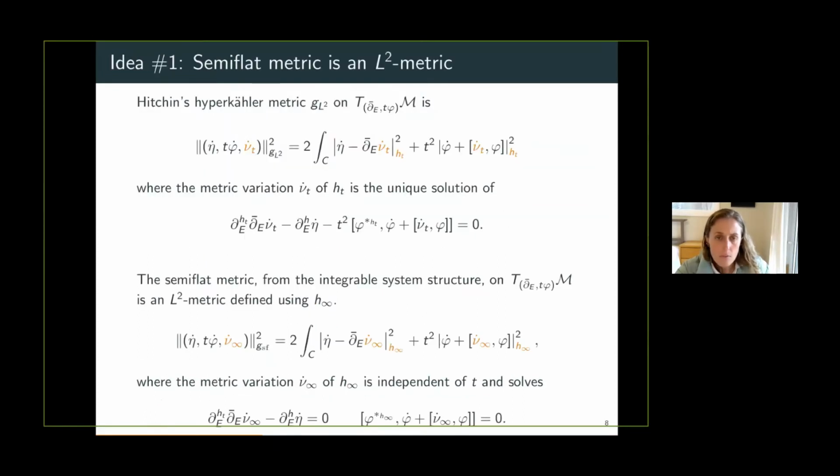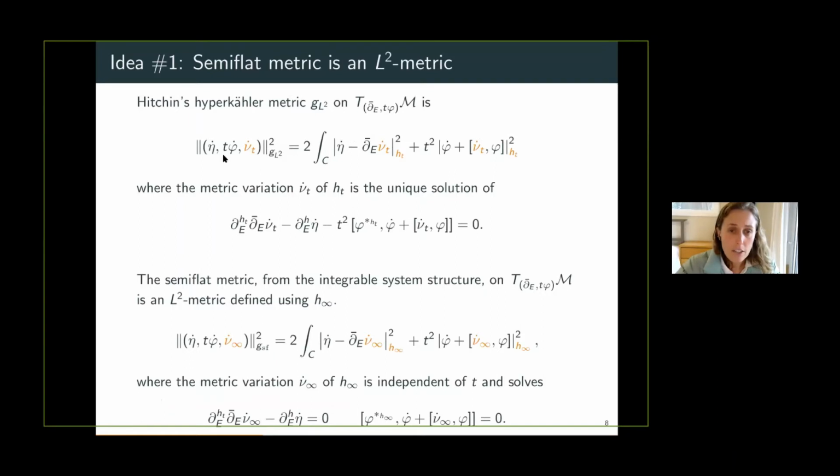Okay, so there's a couple ideas in the proof, and the first one is, I'll just write down the L2 metric. Can't avoid it forever, though we can try.